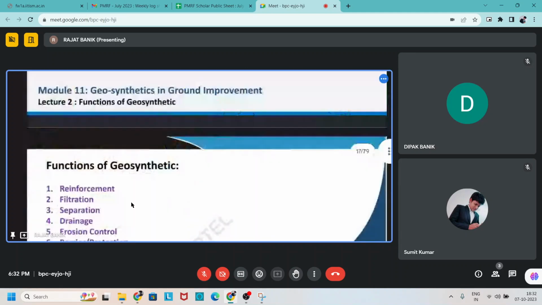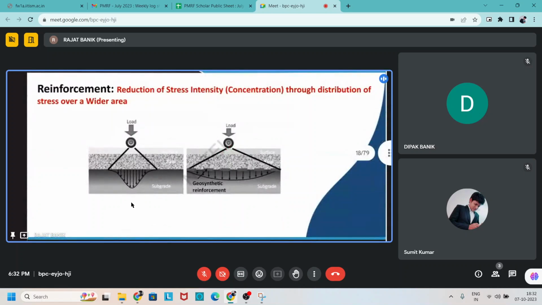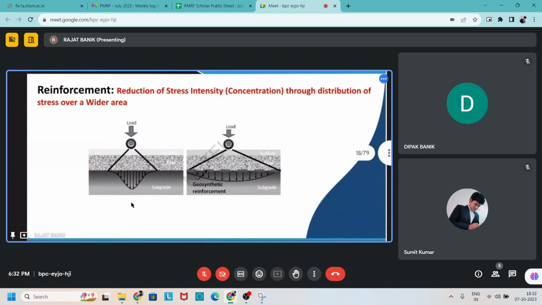First one is reinforcement. Reinforcement means geosynthetic material used as a reinforcement: reduction of stress intensity through distribution of the stress over a wider area. When we use this geosynthetic material as a reinforcement, we can increase the load distribution area, and in that way we reduce the stress intensity or concentration of stress.